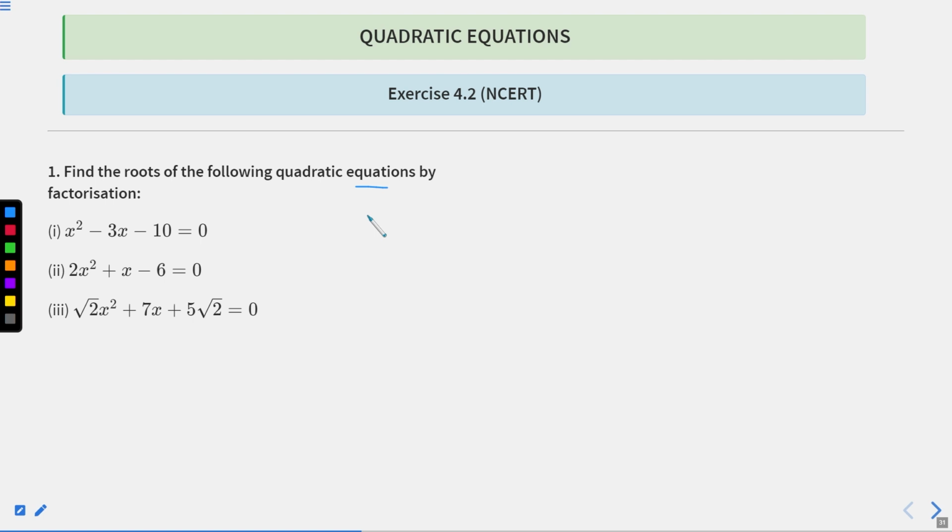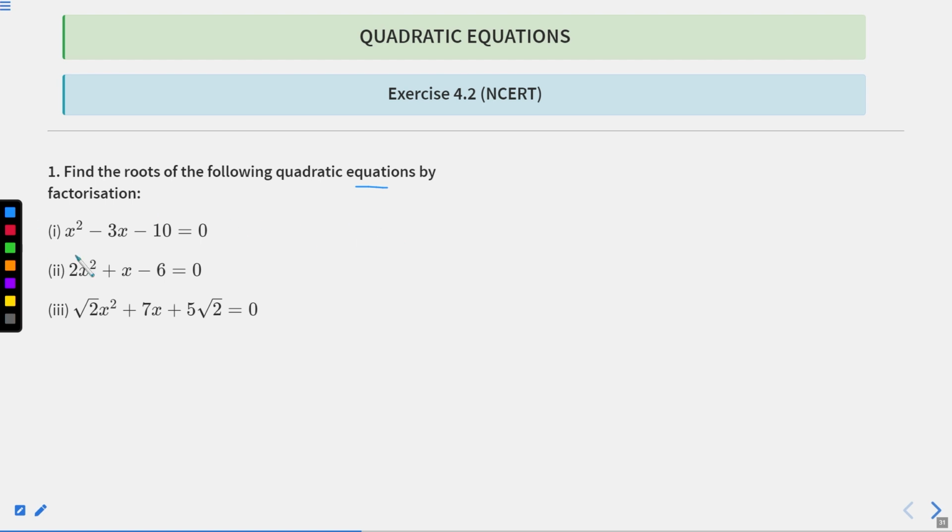You have already studied in the previous chapter how to factorize a quadratic polynomial by splitting the middle term, so we can find the roots by this method.